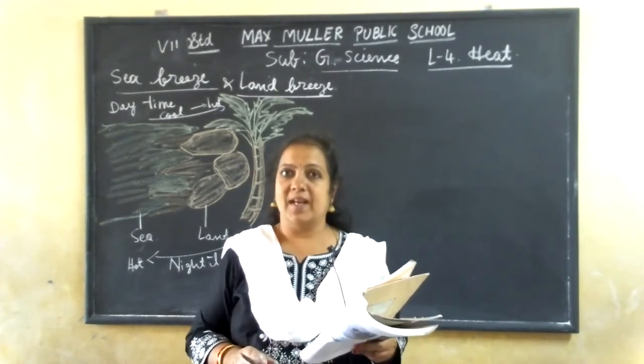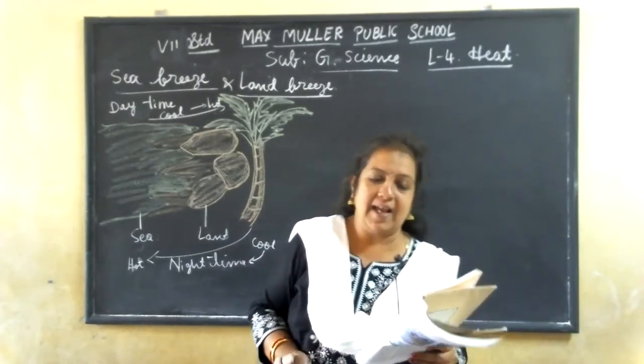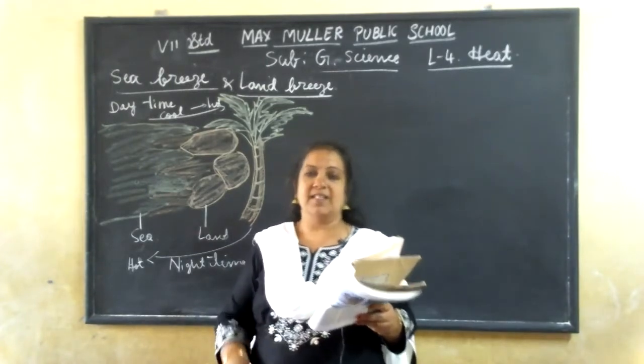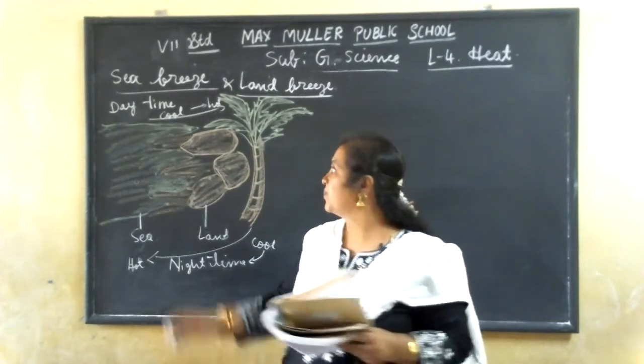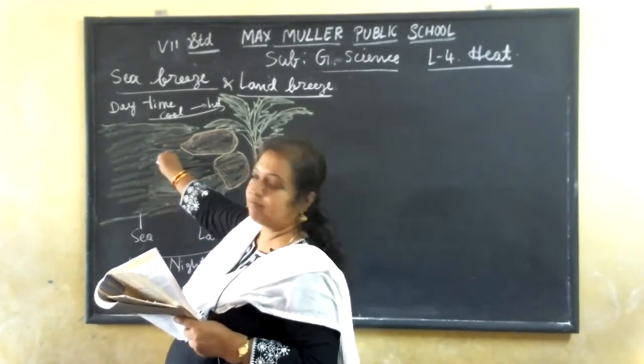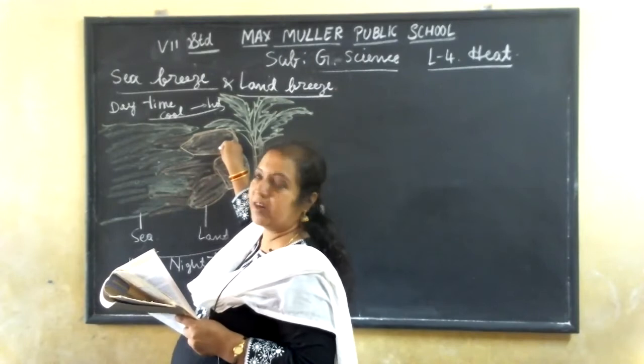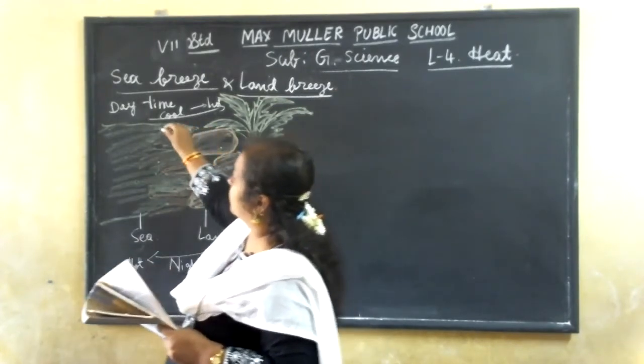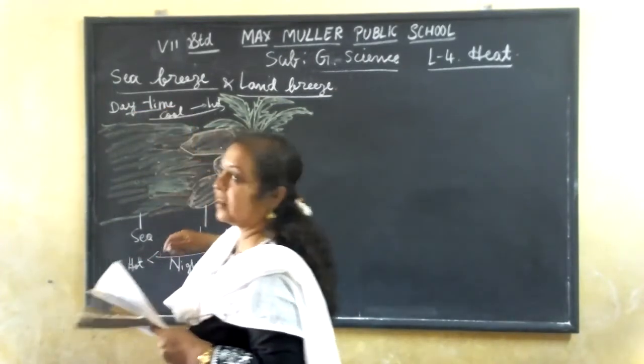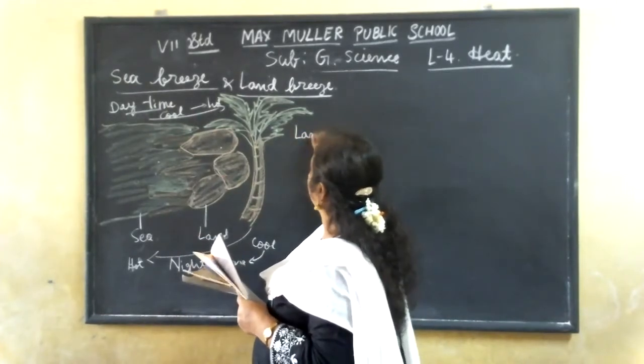Okay, what happens there? During the daytime, the land gets heated faster than the water. See, this is the sea. This is the land. Got it? So in daytime, what happens? In daytime, land is heated faster.